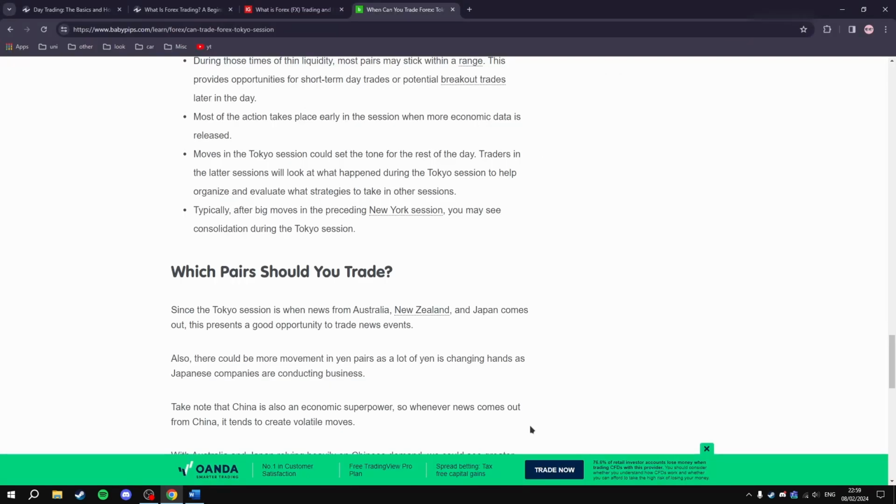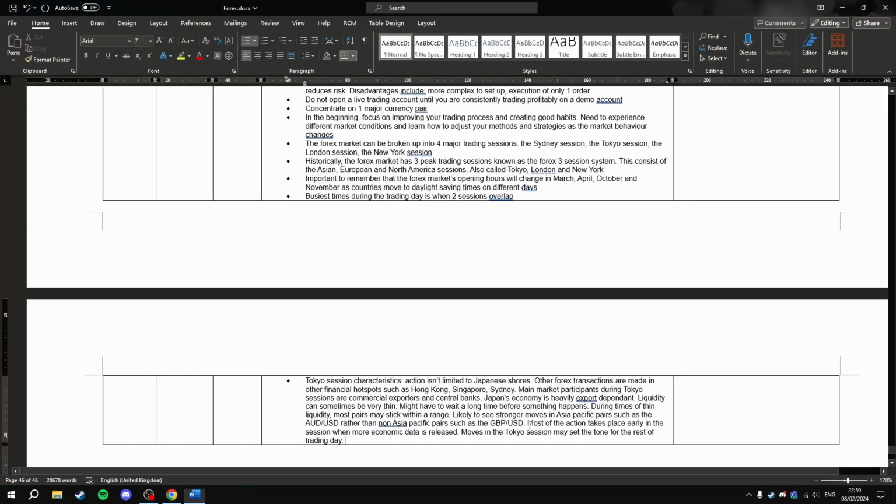Traders in the latter sessions will look at what happens during the Tokyo session to help organize and evaluate what strategies to take in other sessions.